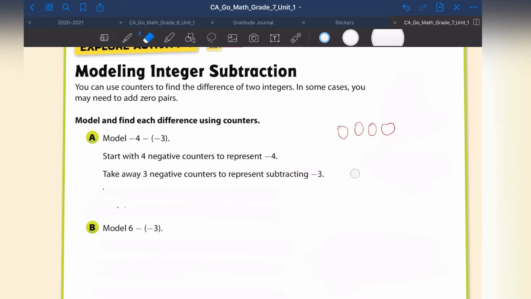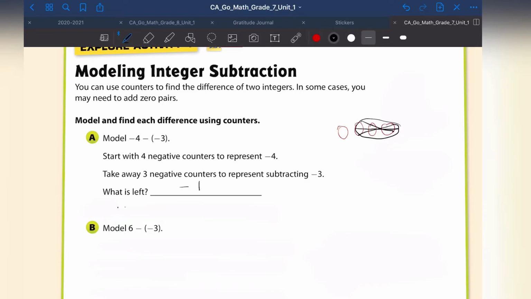Take away 3 negative counters to represent subtracting 3. So we're going to get rid of these 3. What is left? Negative 1. So the difference of negative 4 minus negative 3 is just negative 1.